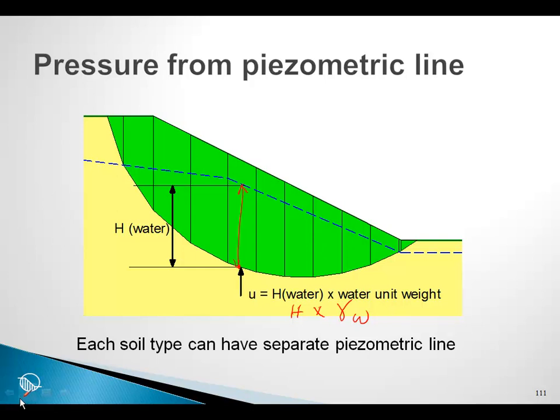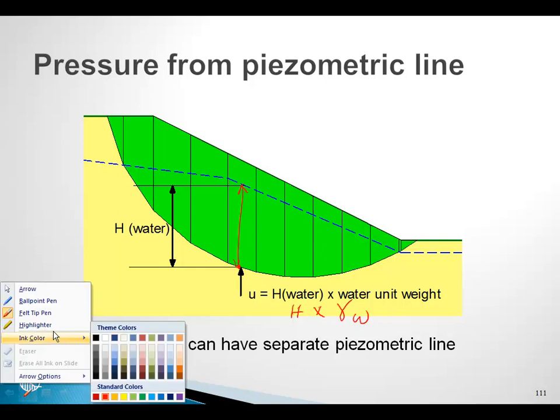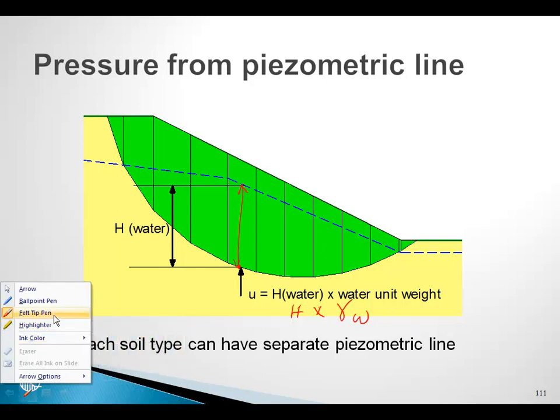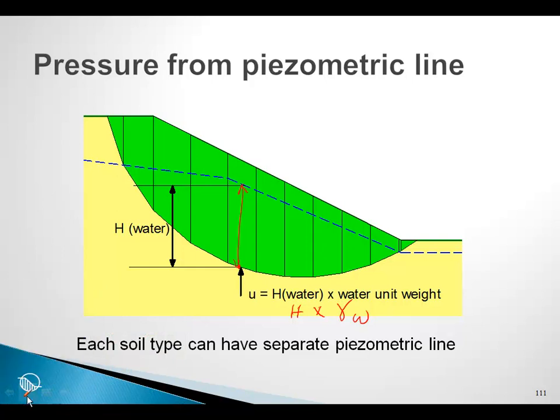If you remember from flow nets in your university studies, when the flow is not entirely horizontal, there may be equipotential lines like this, and the equipotential lines are perpendicular to the piezometric line. And so in actual fact, the pore water pressure here is only this much.